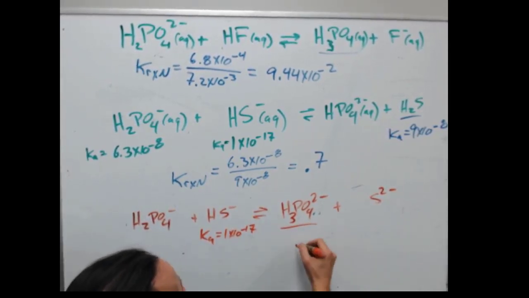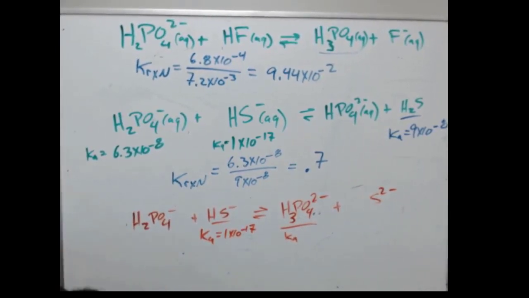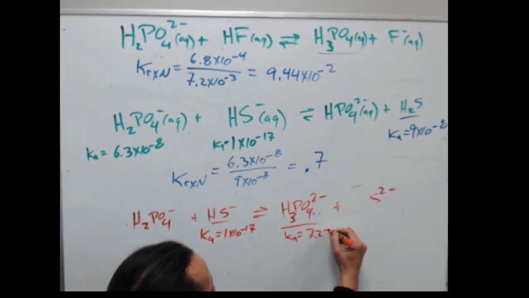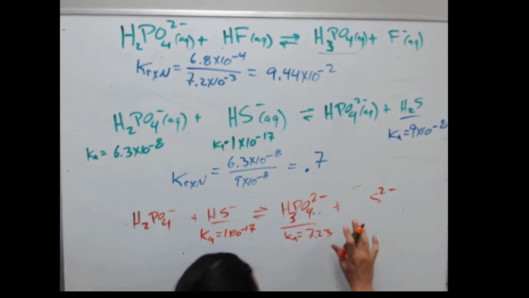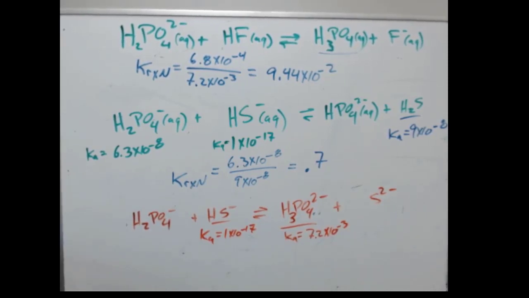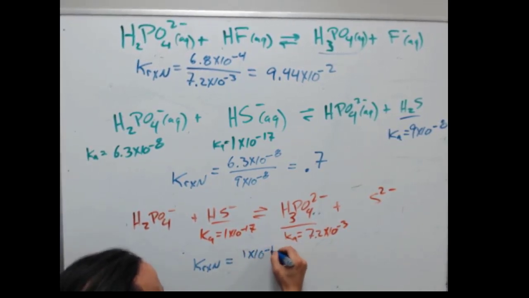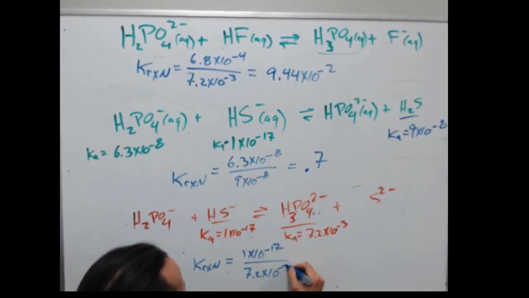This H3PO4 has a Ka of 7.2 times 10 to the minus 3. And if I calculate my K reaction for this situation, I'm going to have 1 times 10 to the minus 17 divided by 7.2 times 10 to the minus 3.